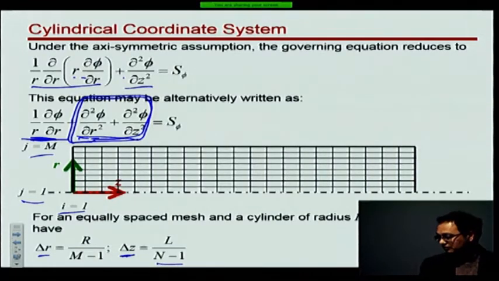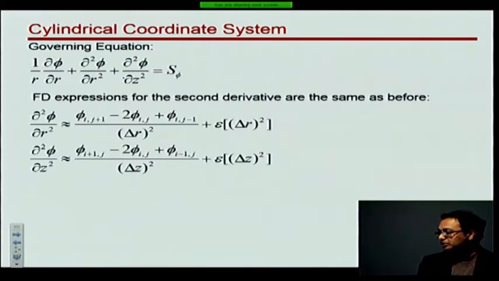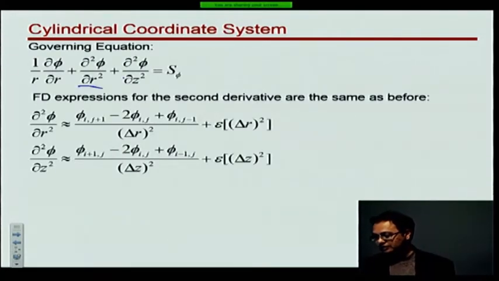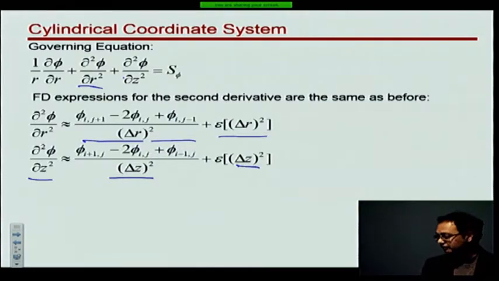Capital R is the outer radius in this case. So in the governing equation, this term becomes that. We know that already. Second order error. The z derivative becomes that. Again, second order error. We've already derived all those. Now we got to derive an expression for this guy.